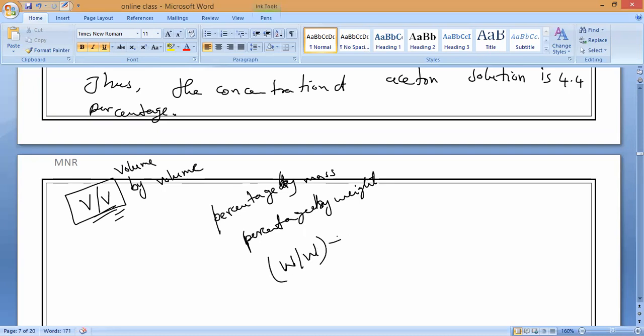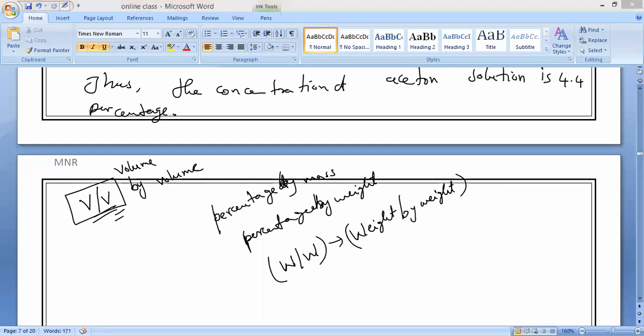W by W means weight by weight. Either mass or weight, both are weight by weight only. Remember that. Is it okay, guys?